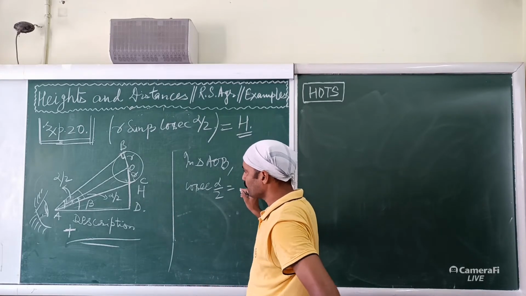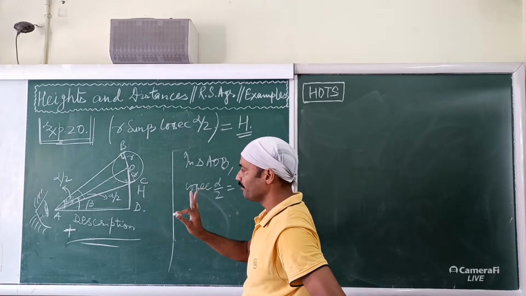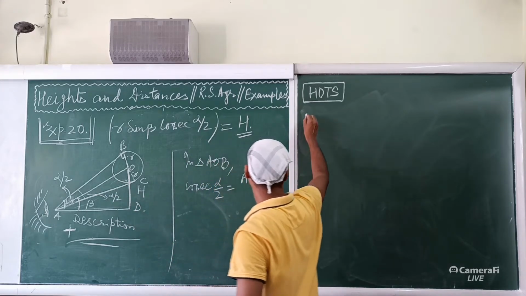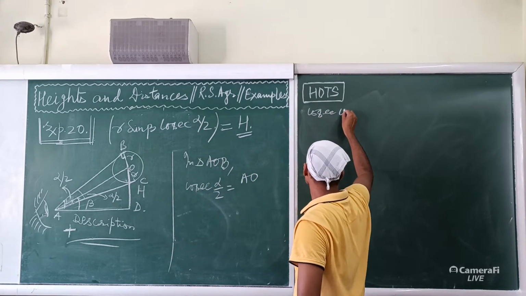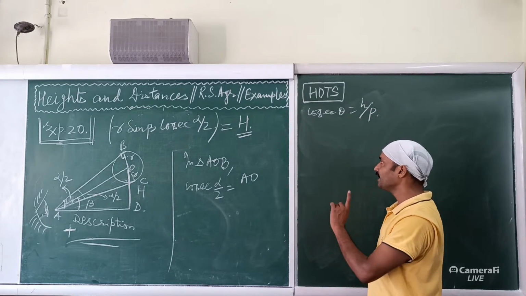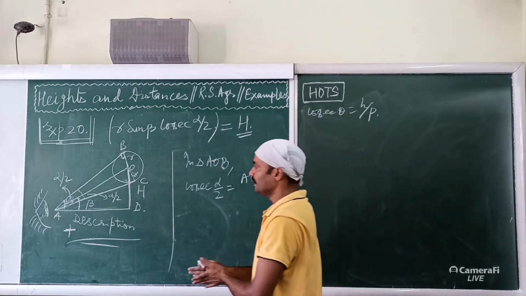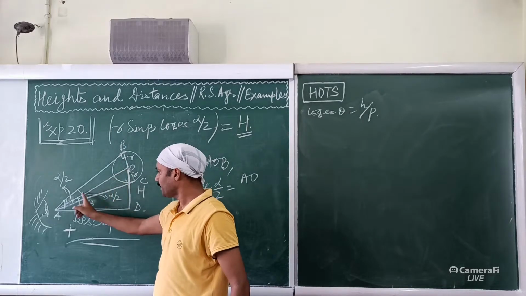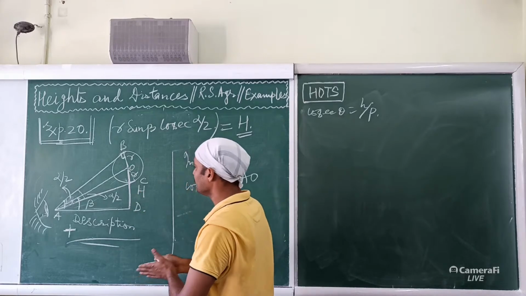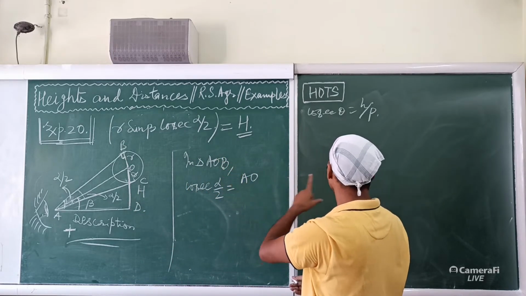Cosec is H by P. H is here AO. See very carefully, cosec theta equals H upon P. Sin is P by H, and cosec is the reciprocal of sin, H by P. Opposite to 90 degrees is hypotenuse, opposite to the angle is perpendicular. H by P means AO by OB.